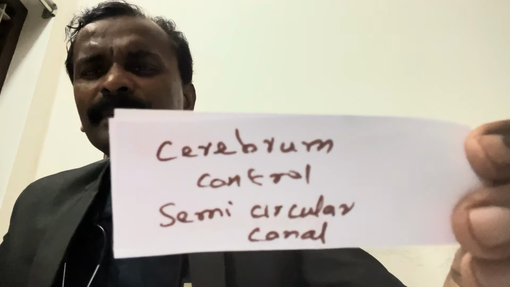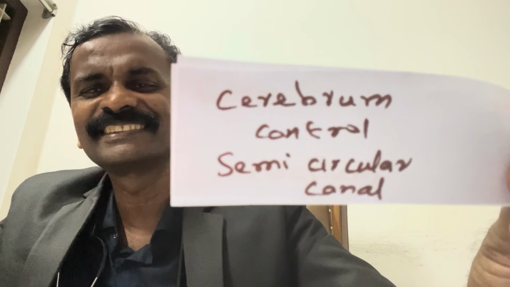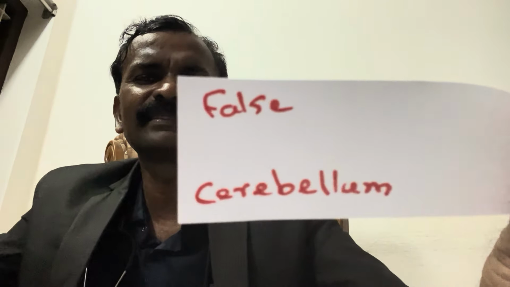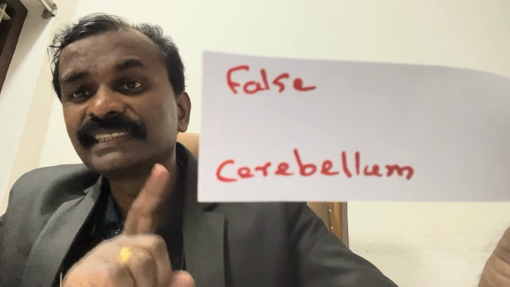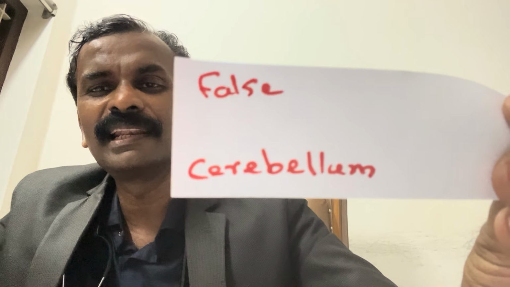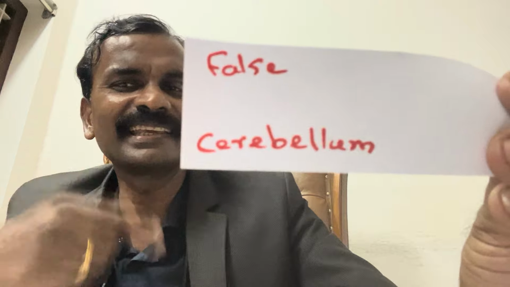Because they ask which of the following statements is true, you should know all the false statements. Cerebrum controls semicircular canal. True or false? It is the cerebellum. Bell, hearing.